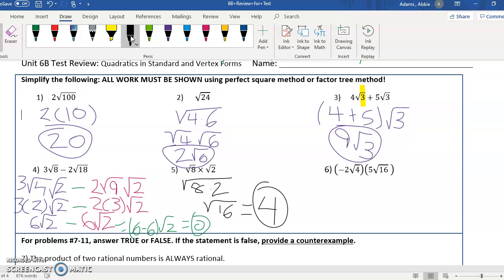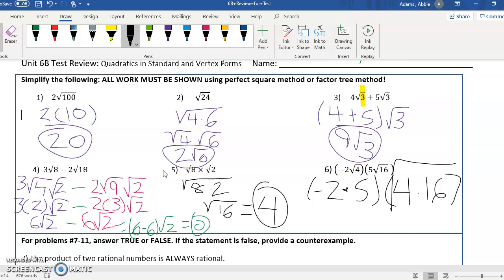So we're going to do negative 2 times 5. And then we're going to multiply that by 4 times 16. And that part is underneath your radical.